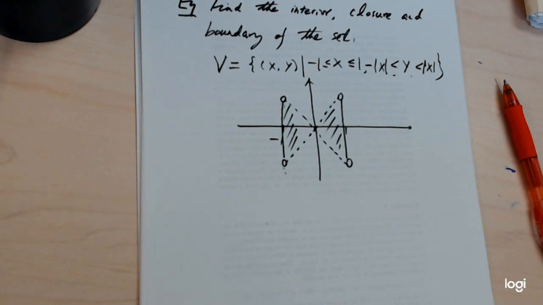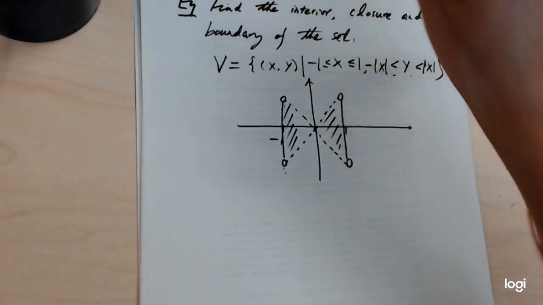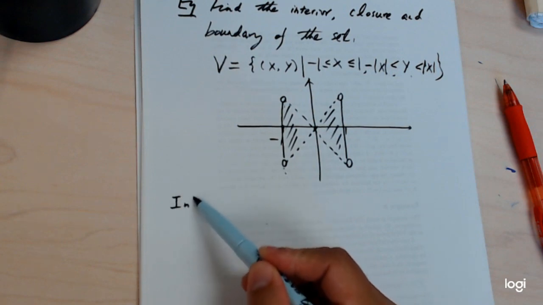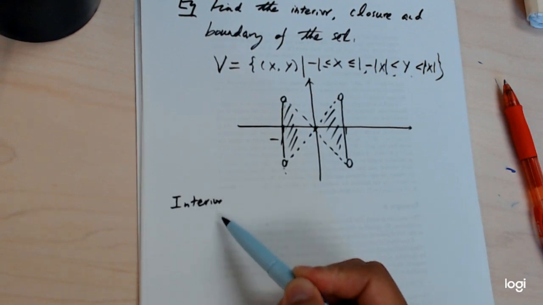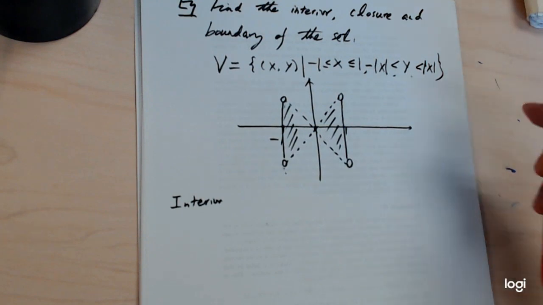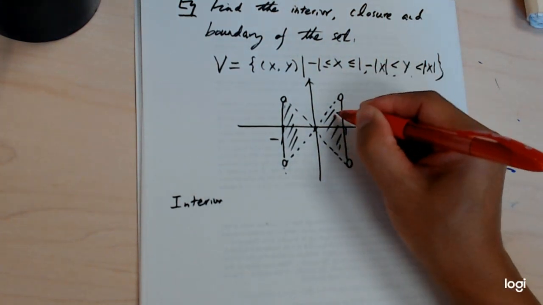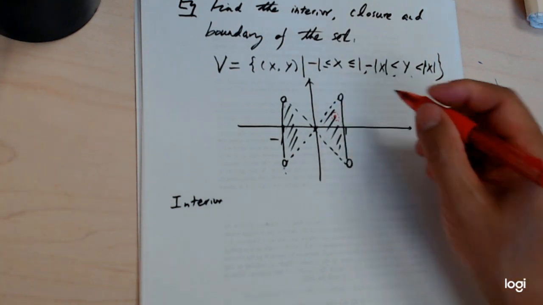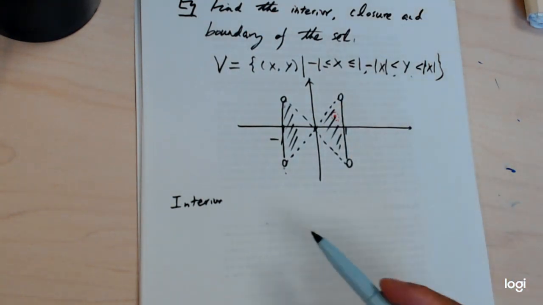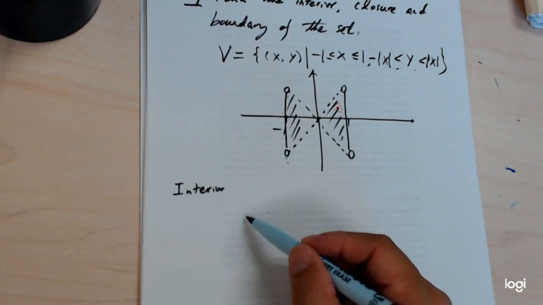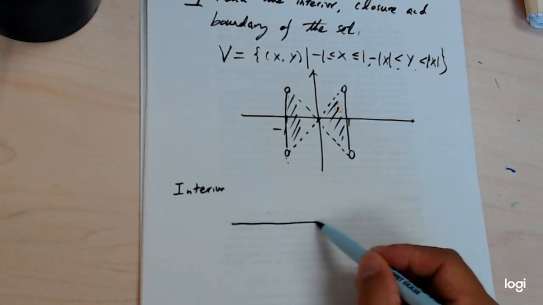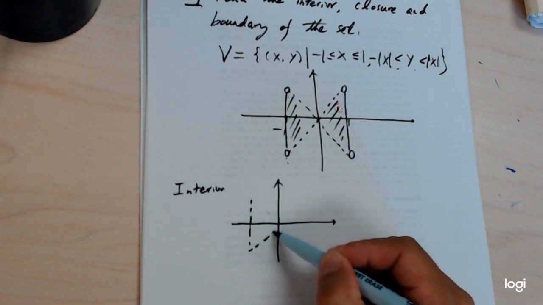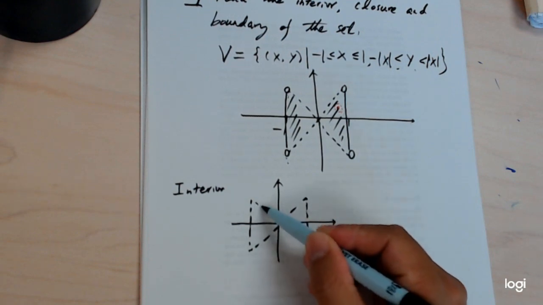If you consider the concepts that we introduced, it's very easy to write down the interior and sketch it as well. Interior refers to all the points where there is a tiny ball that's completely inside the set. So if you think about that, I can quickly sketch it. You see, this is clearly the boundary here.